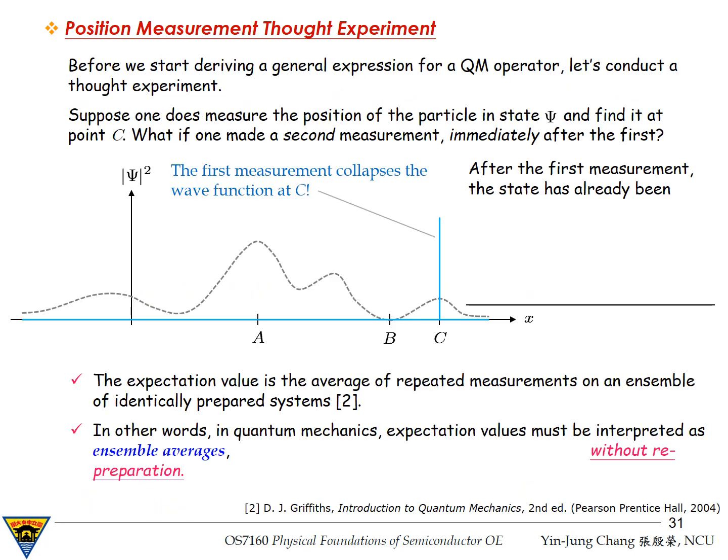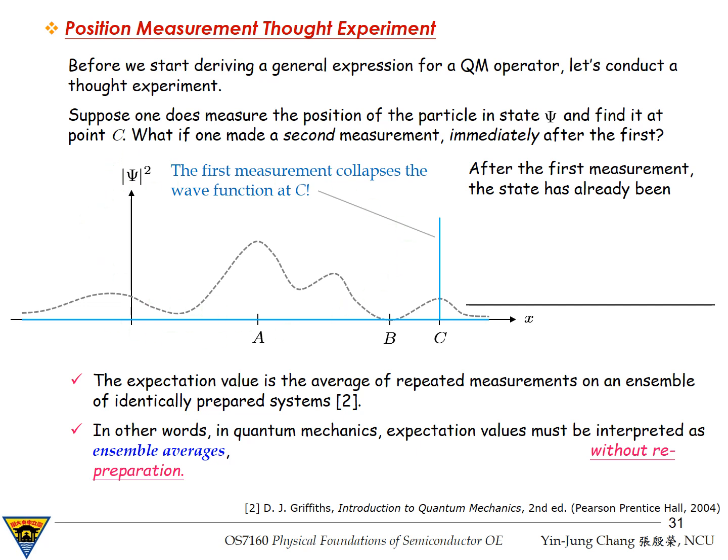Before we go deeper into expectation values in quantum mechanics, let's consider a thought experiment, which is measuring a particle's position. This is a very important thought experiment that motivates the meaning of a quantum mechanical expectation value. So imagine a particle in a state described by a wave function whose probability density is the absolute square of psi, as shown in this figure.